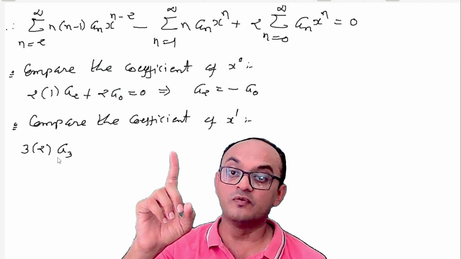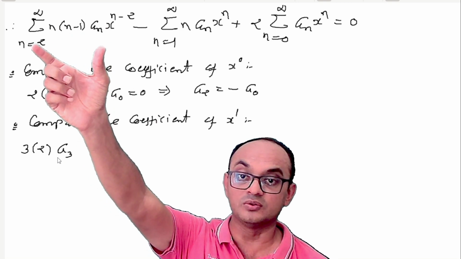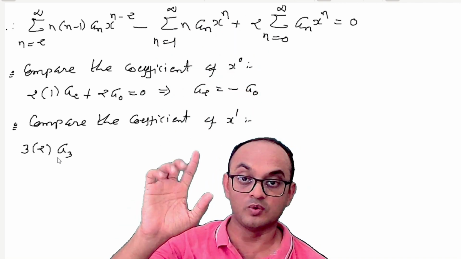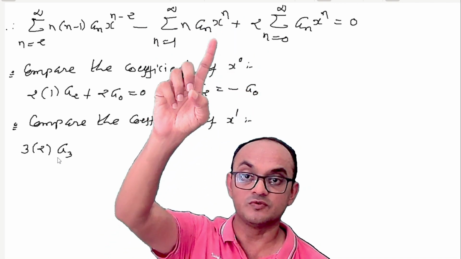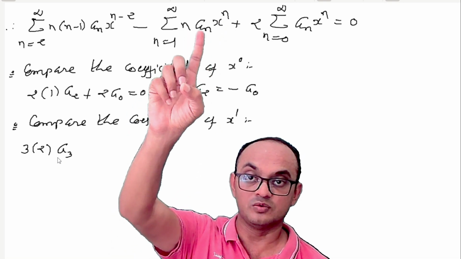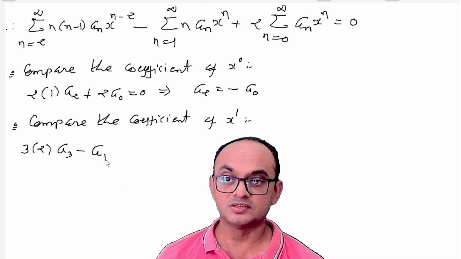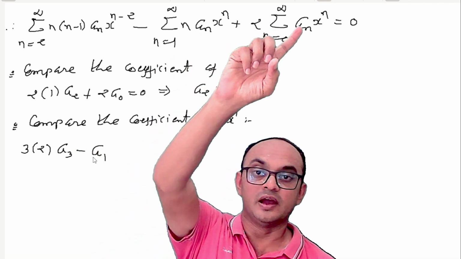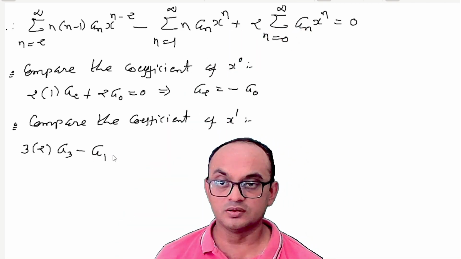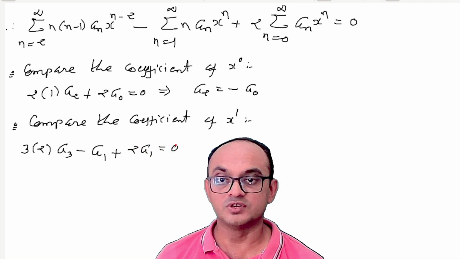See, the value of n will be different for each term. Here n is equal to 3, whereas in the next term n is equal to 1, as I need x raised to 1. That is possible, so minus 1 into a1, which is minus a1. Again in the last term, n equal to 1 is possible, so plus 2 times a1 equal to 0.